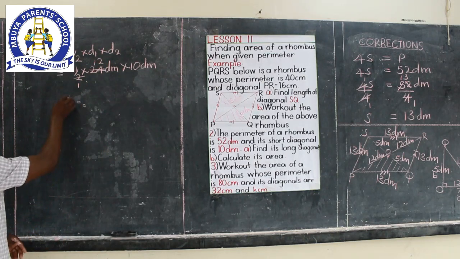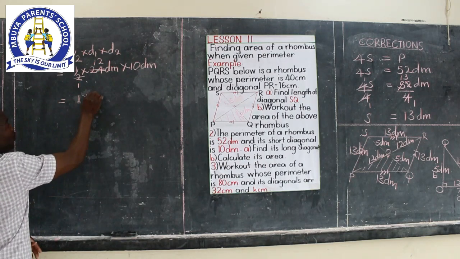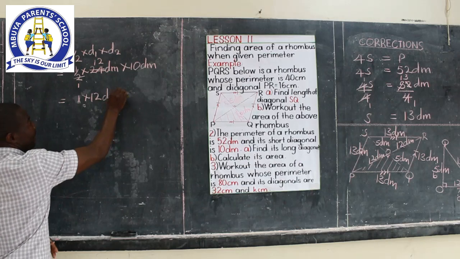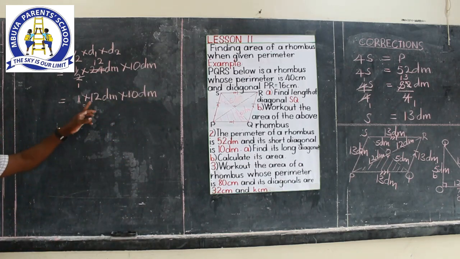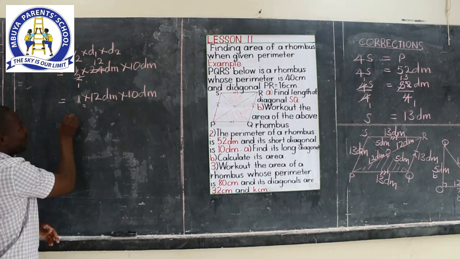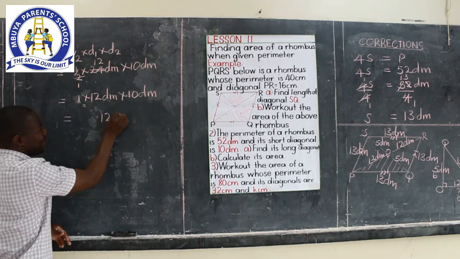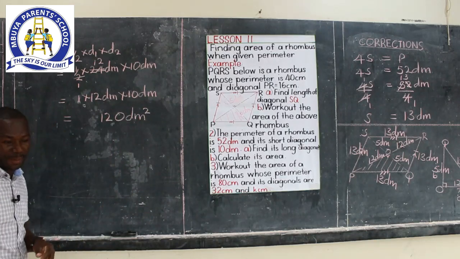So we shall multiply and get the answer. 1 times 12 decimeters times 10 decimeters. 1 times 12 decimeters, we get 12 decimeters. And 12 decimeters times 10 decimeters, we shall get 120 square decimeters as our area.